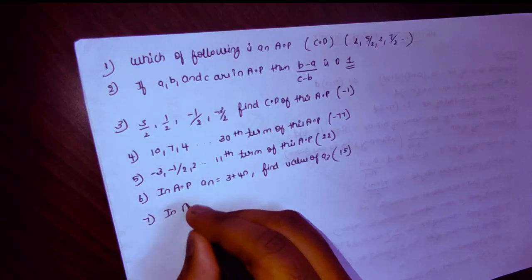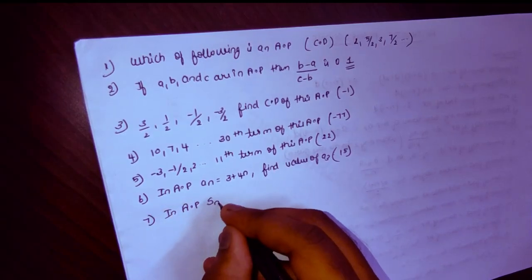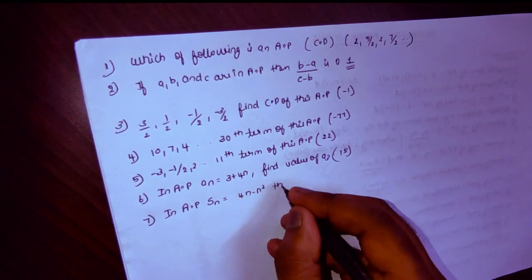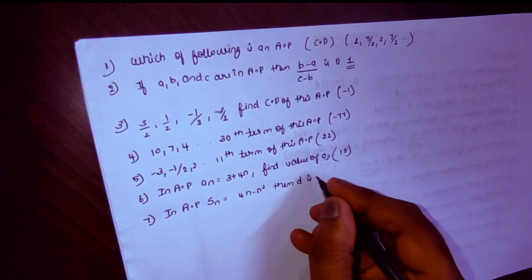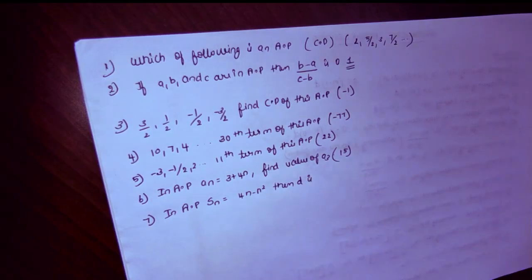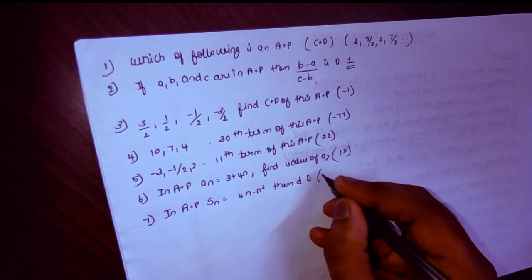In an AP, Sn is equal to 4n minus n square. We have to find the value of d. The value of d is minus 2.